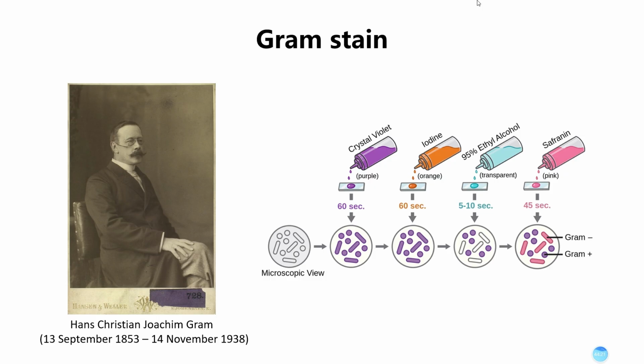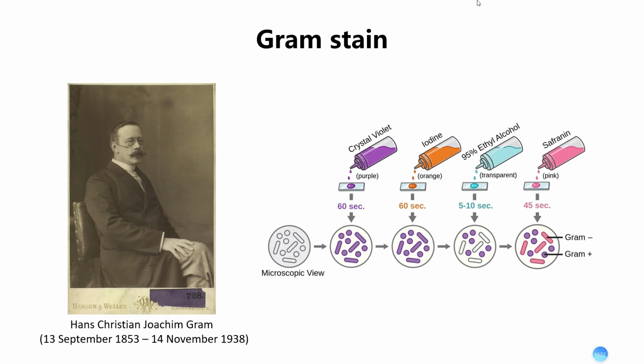You will have a mixture of bacteria containing both gram-positive and gram-negative cells. Using this method, you stain the cells and observe them under the microscope, so that after staining, you can tell which one is positive and which one is negative. Okay, so it's a very simple method, including 4 steps.